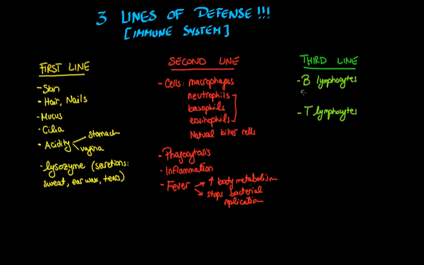However, for now, we'll just refer to B lymphocyte immunity as humoral immunity, which means that it's going to attack extracellular substances, so anything outside an infected cell, and it does that using antibodies.